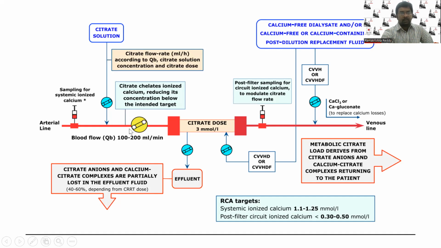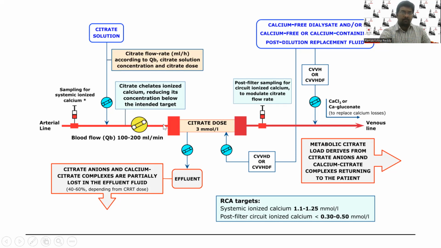That is the pre-filter phase. So the amount of citrate delivered to the filter depends upon the blood flow rate, citrate concentration, and the citrate dose. So here the citrate gets added to the circuit. What happens here? The citrate binds with the calcium within the blood and chelates it, so thereby clotting is prevented.